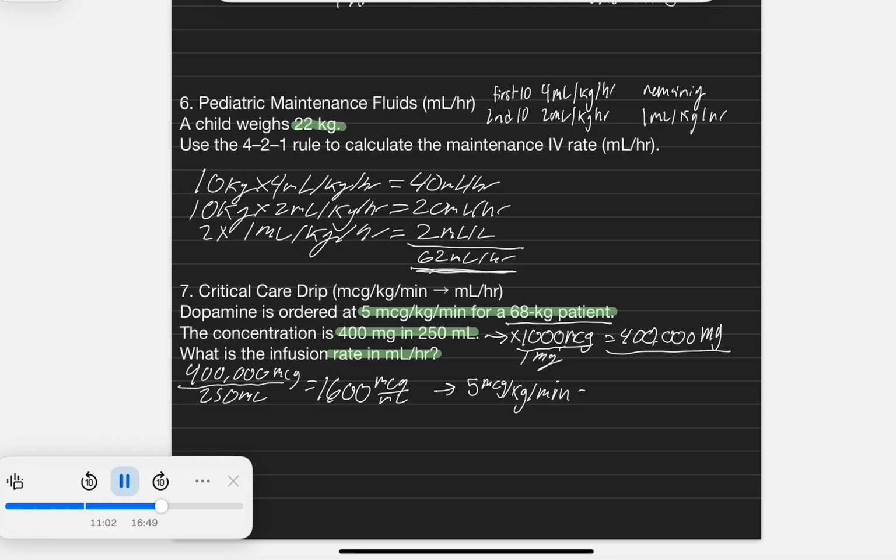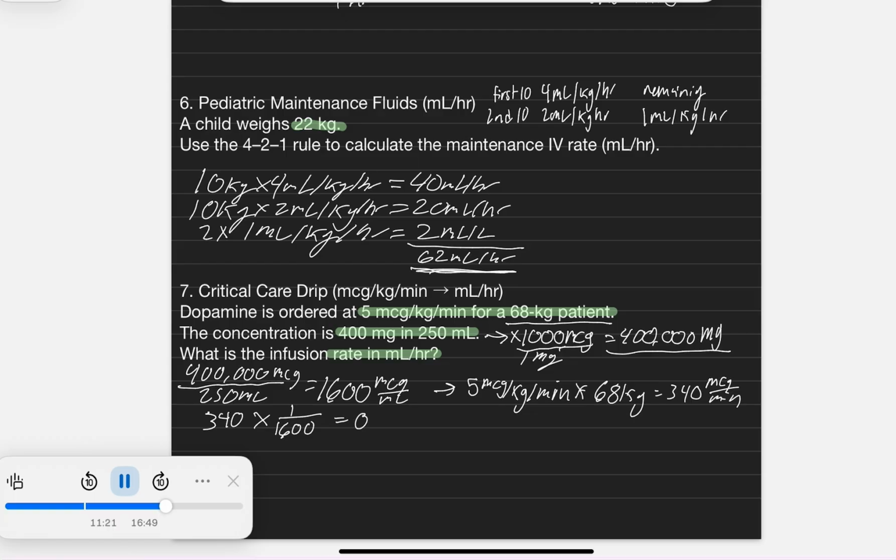After you get that 340 micrograms per minute, you're going to multiply that by that 1 ml over 1,600 micrograms, and that's going to leave you with 0.2125 milliliters per minute.